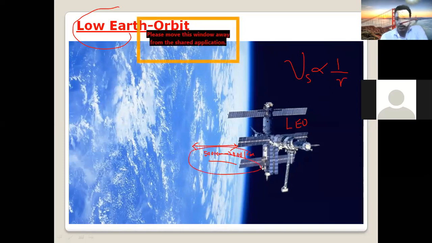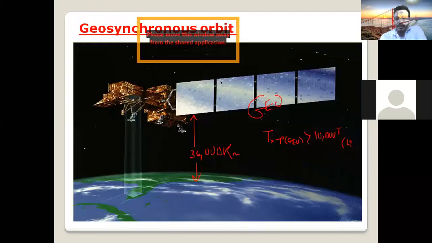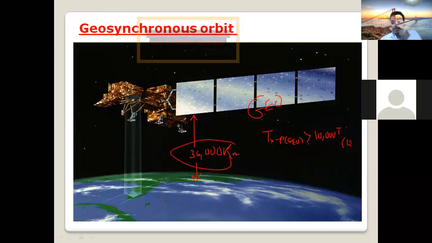So if satellites are very near to the Earth, the speed increases. That's why LEO satellites rotate at higher speed compared with GEO satellites, because the distance is very far, 36,000. As I said, the speed of the satellite and the distance from the Earth are inversely proportional.